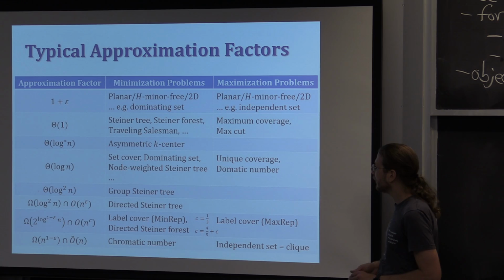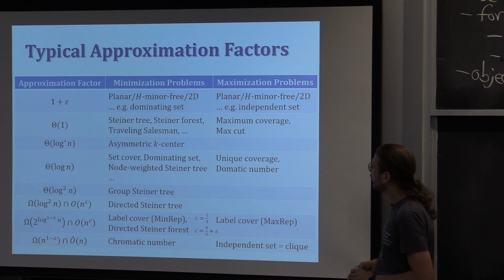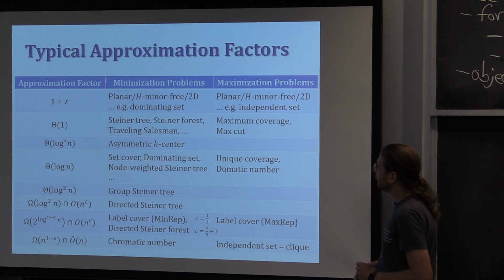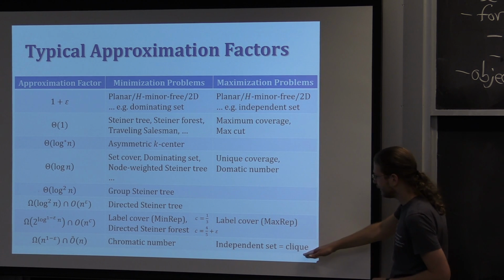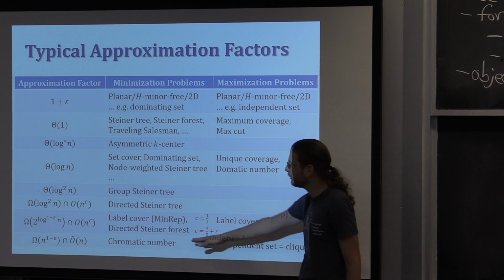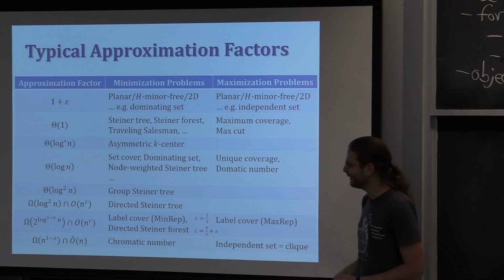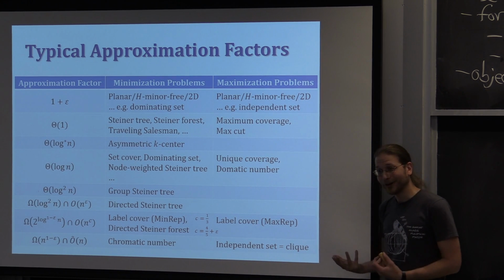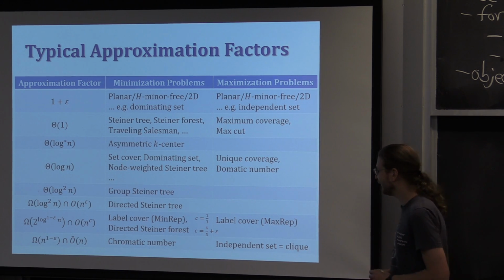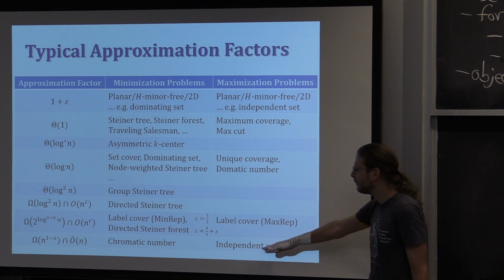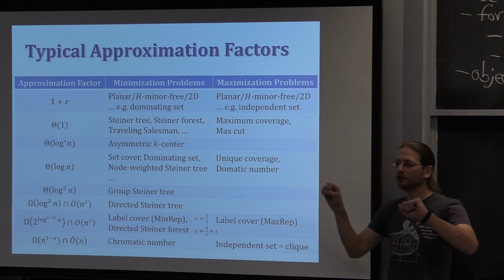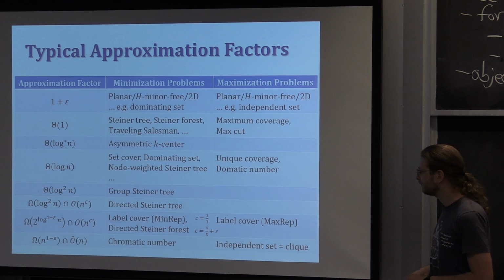Other good problems. Here's another really hard problem to approximate. These are problems you should try to avoid if you're trying to solve things approximately. Or if you're proving hardness, you want to use these if your problem looks like this. Independent set: find me a set of vertices that induce no edges, so no edges connecting them.